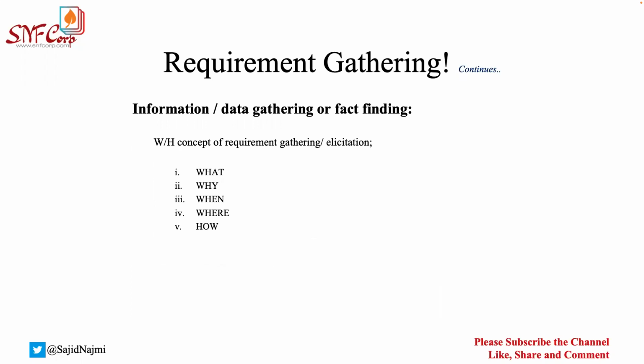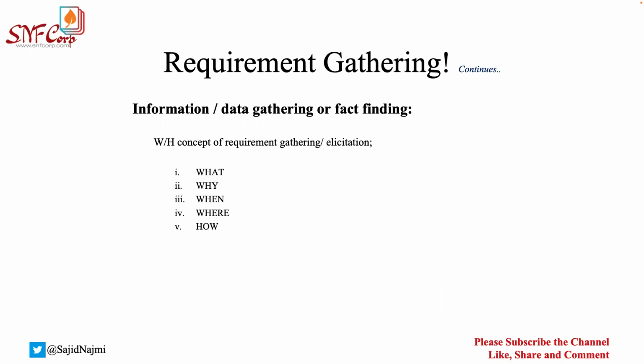So what are the fact findings? When you are capturing the requirements, how do you go into detail and capture them properly? When you are in the requirement gathering phase, you have to focus on what and why it is needed, and sometimes where or when it is needed.